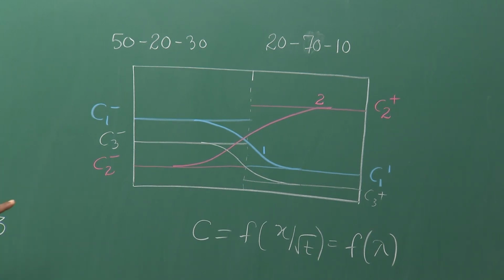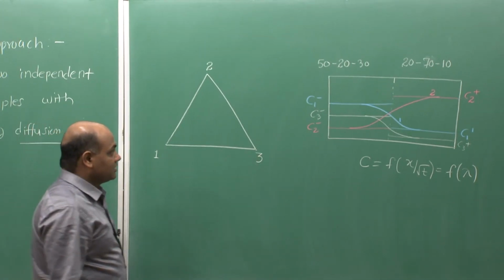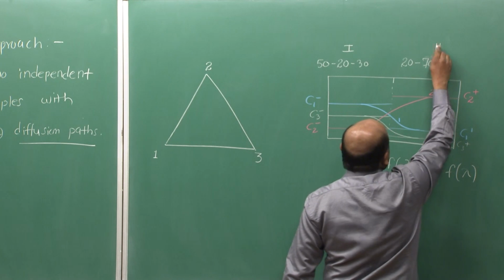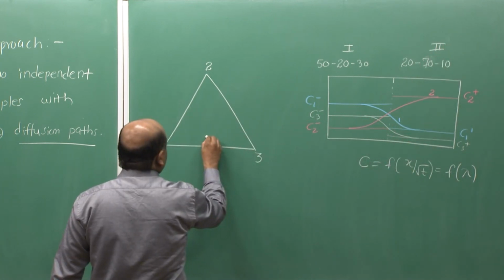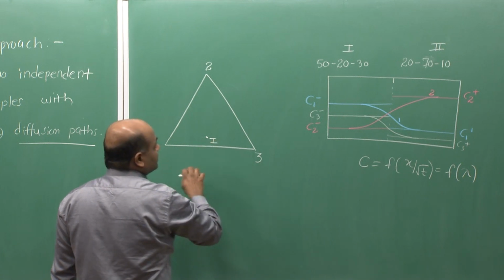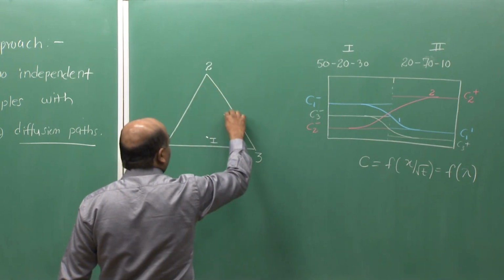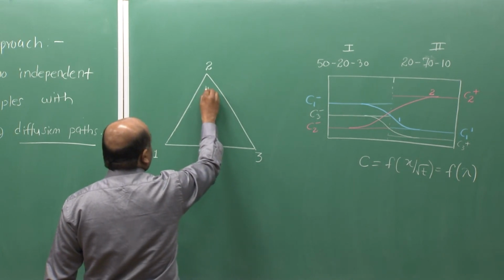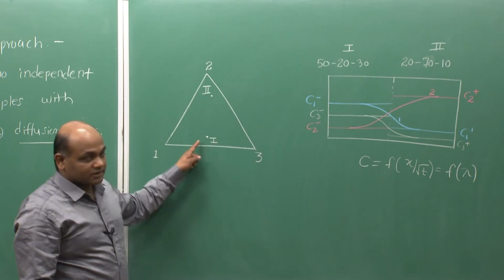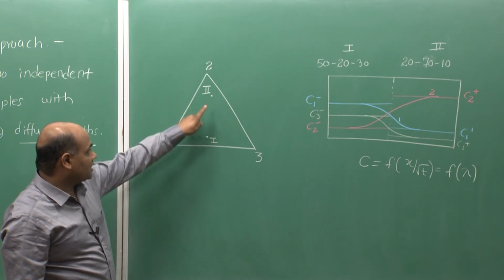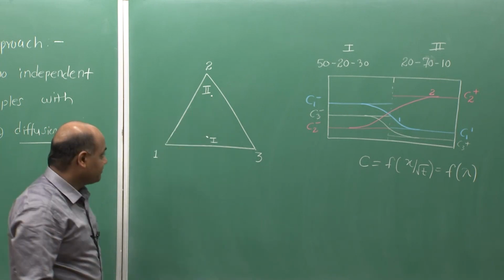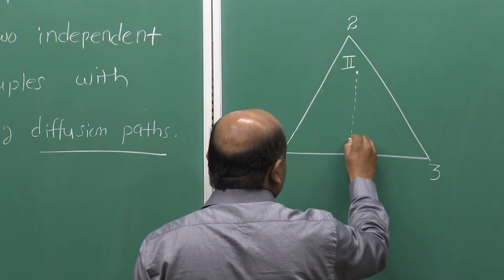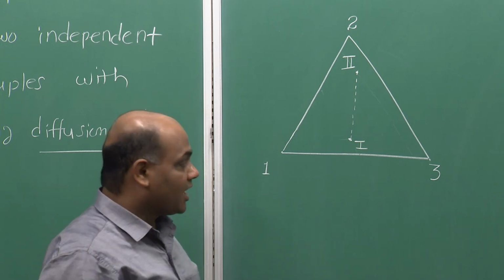If we plot this sequence on the ternary isotherm, so let us say somewhere here is my alloy 1, and here is alloy 2. So, I first mark the terminal alloy compositions, alloy 1 and alloy 2, on the ternary phase diagram. I am showing the straight line joining the two compositions by this dotted line.